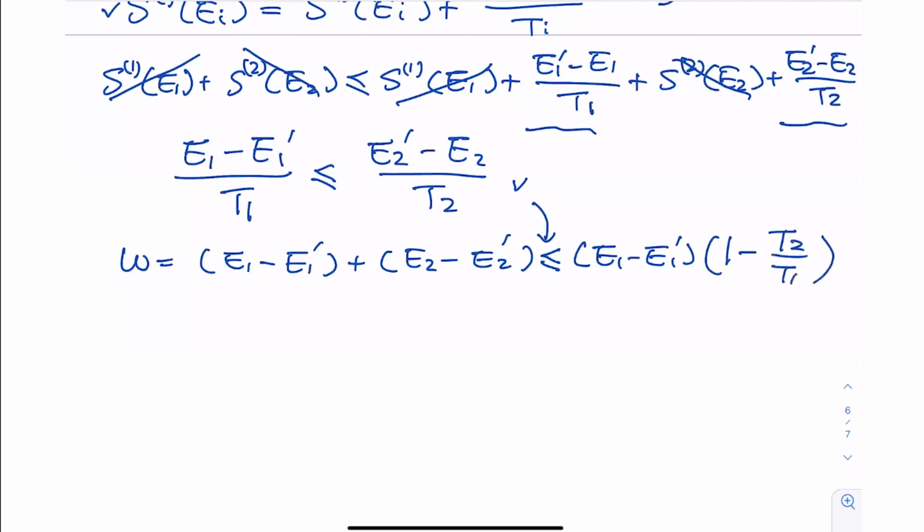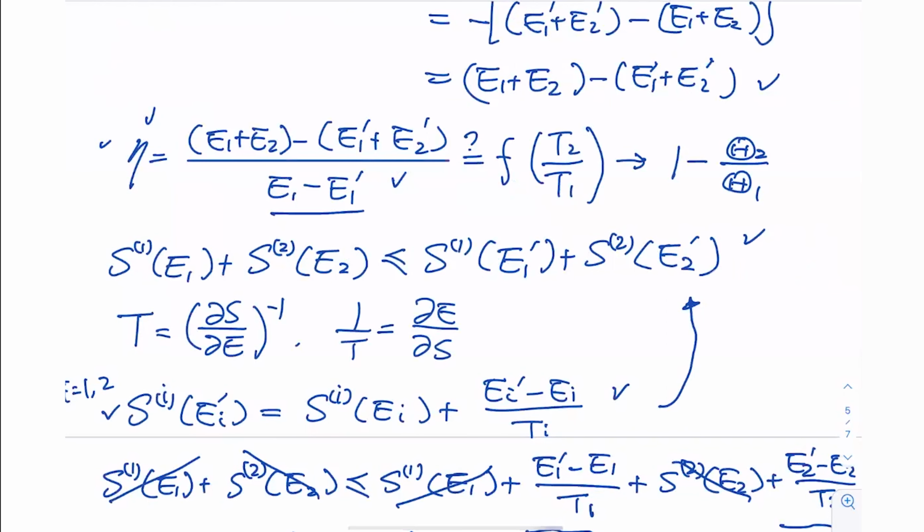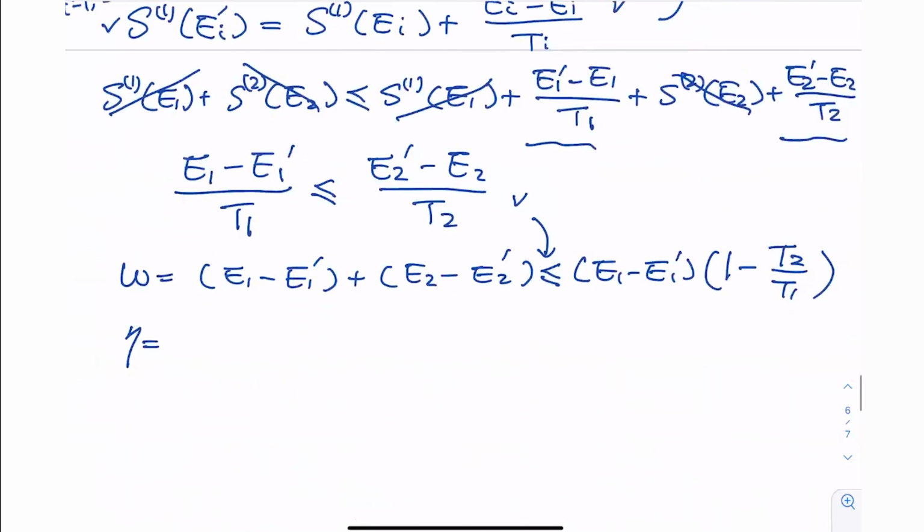It is not too complicated to do that. You can simply just put that in. Then this expression is good, because now we can evaluate the efficiency of this thermal engine, because what we need to do is divide by E1 minus E1 prime. So what we got is the efficiency can be described by this formal temperature T according to this relation.